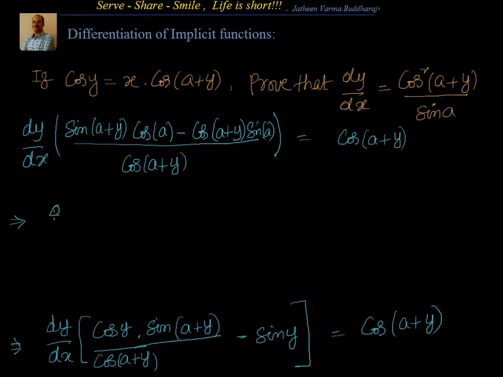Which is nothing but dy by dx into, we can see there we have sin a cos b minus cos a sin b, so I can write it as sin of a minus b.